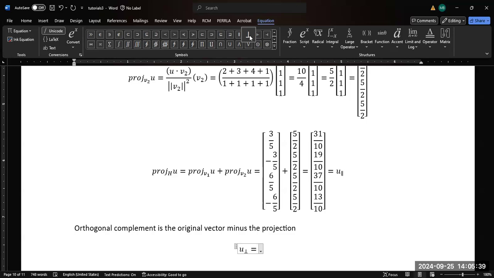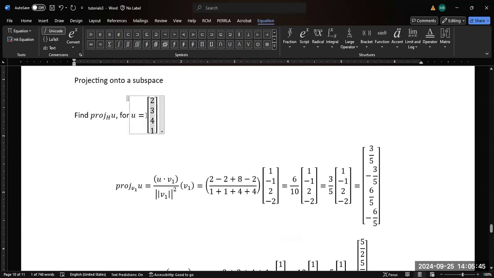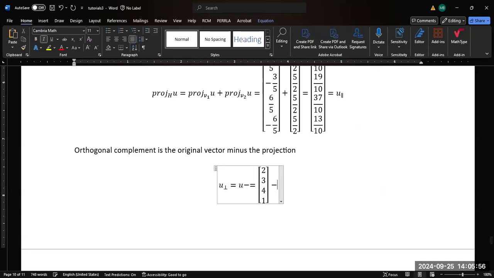And so that is going to be our original vector, this guy, U minus U parallel.